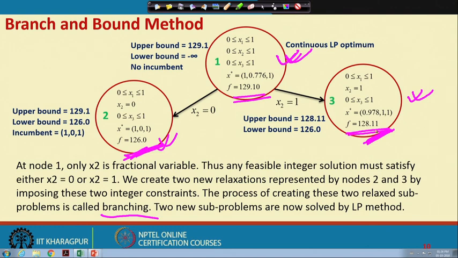So, I must get another two branches from here, because these two nodes may have a solution which is 128.11 or less than that, but that may be higher than 126. So, I must consider branching of node 3. Note that branching of node 2 is not required anymore.